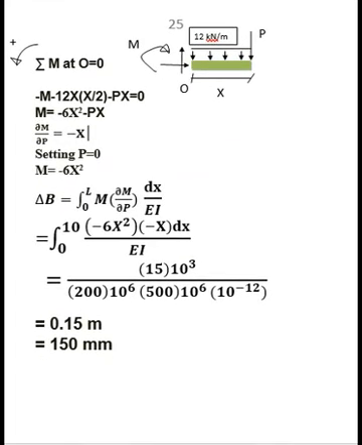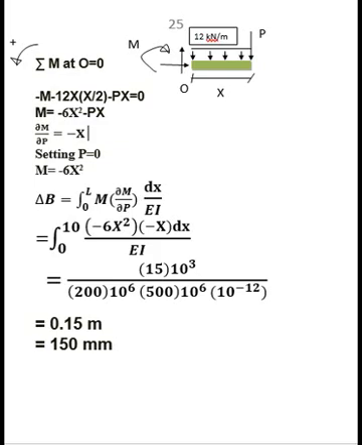After we apply force P at the point B, we will take section X from the load P as shown in the figure. Then we will take moment at point O, sigma M at O equal to 0.